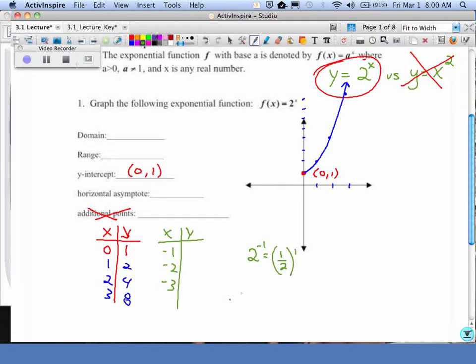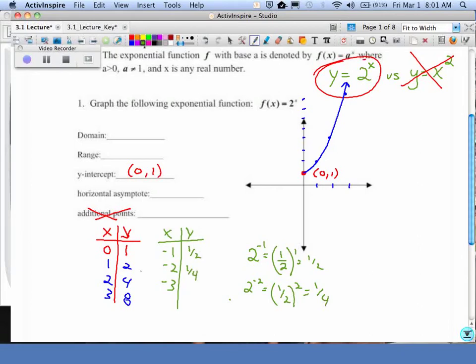So what's 1/2 to the first power? I've written the reciprocal of the base, and it gets rid of the negative on our exponent, and 1/2 to the first power is just 1/2. What happens with the negative 2? 2 to the negative 2 is 1/2 squared. What's 1/2 squared? 1/4.